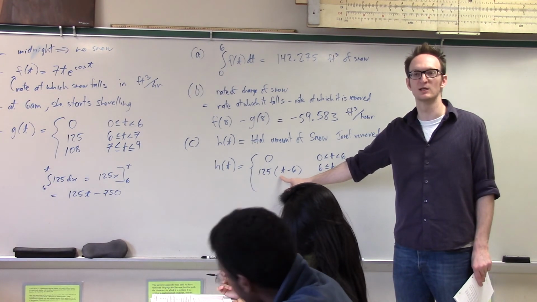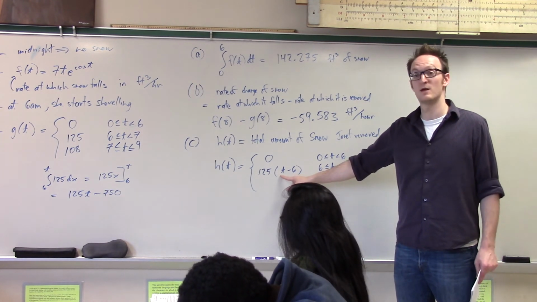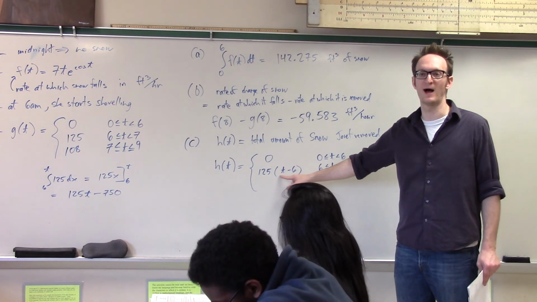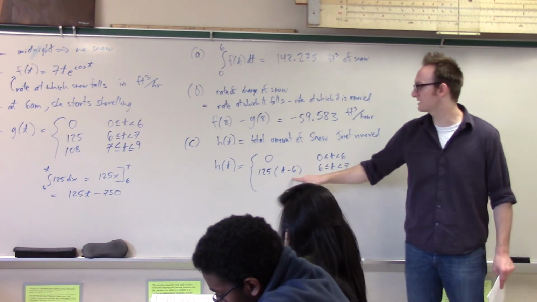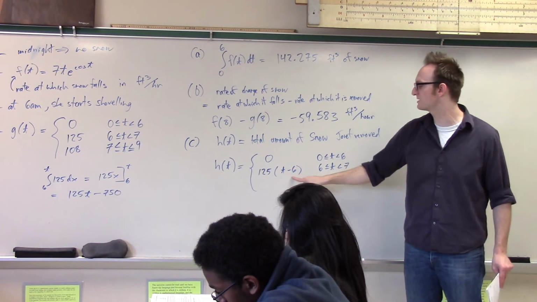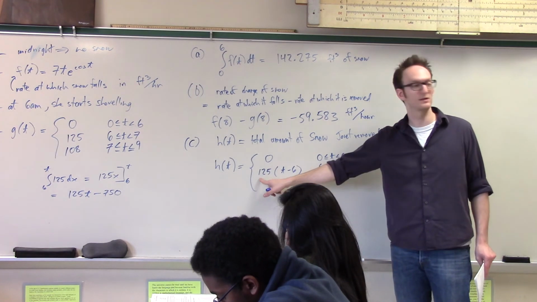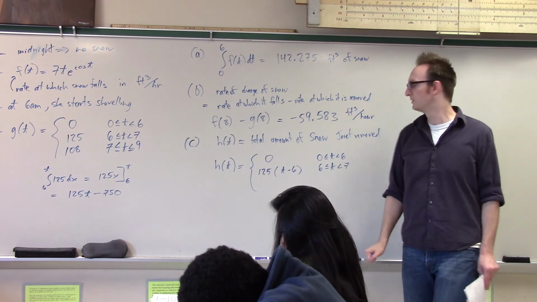If you take that number minus 6, that represents the amount of time elapsed since 6 a.m., times the amount you shovel per hour. So that actually kind of makes sense.